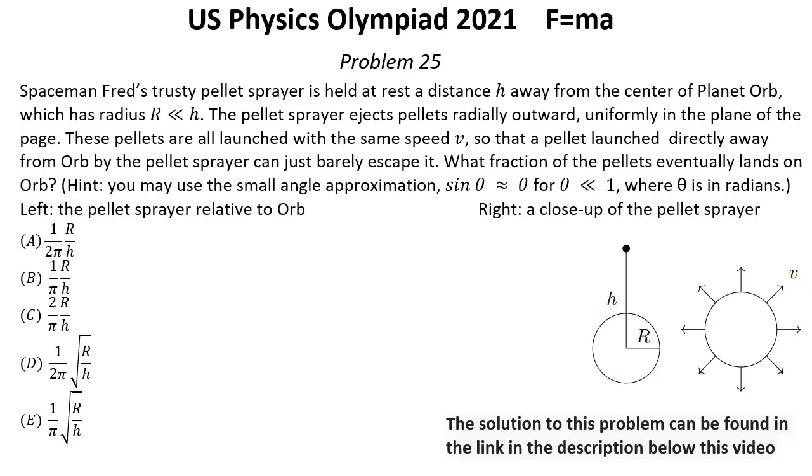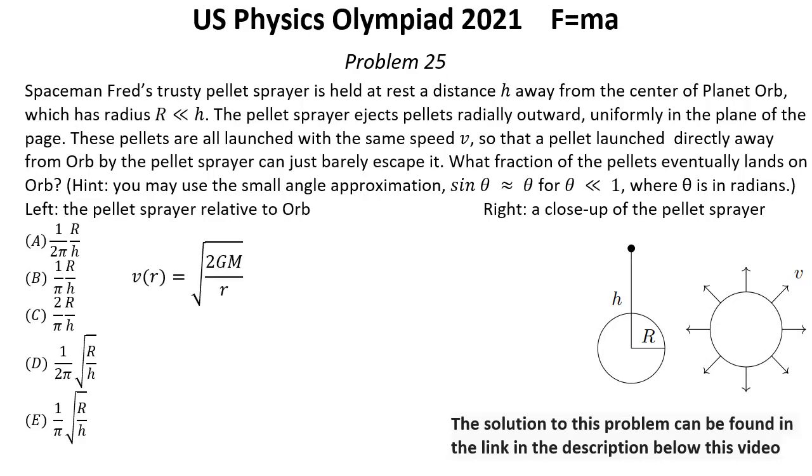Because all pellets are launched at the escape velocity, the speed of one of these pellets at distance small r away from Orb is square root of 2GM over small r. At the distance r minimum of closest approach, the pellet's velocity must be perpendicular to its displacement from the planet's center.